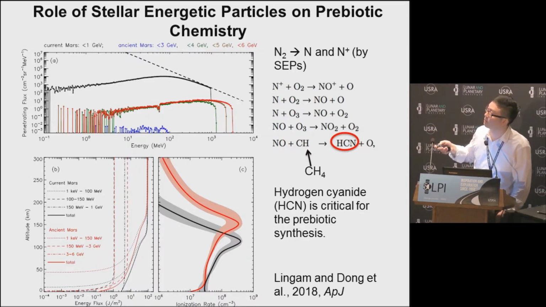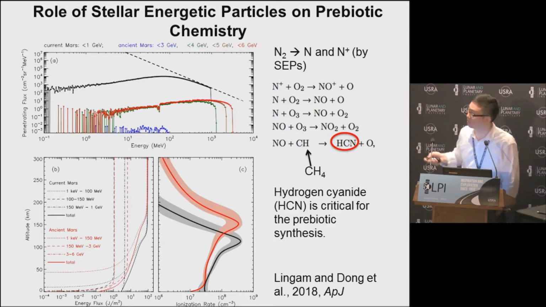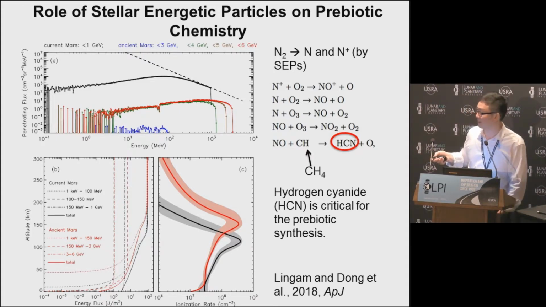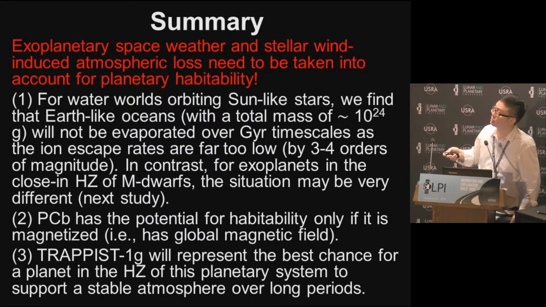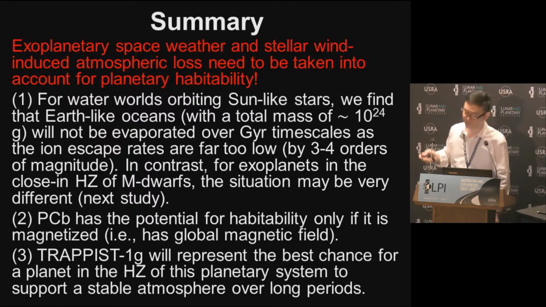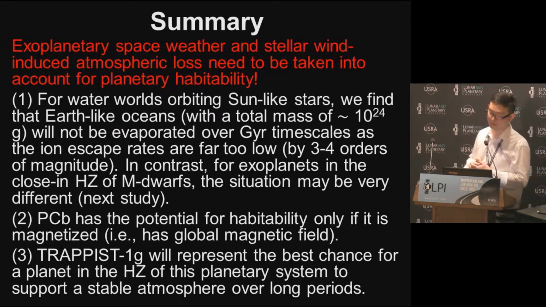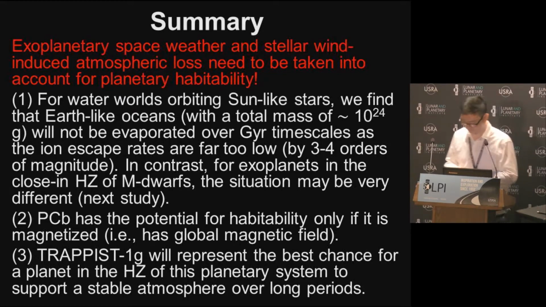And if we have O2 or ozone, with some methane, that can form hydrogen cyanide, which is critical for prebiotic synthesis. So the conclusion here is that exoplanetary space weather and stellar wind-induced atmospheric escape are very important for planetary habitability. Thank you very much.